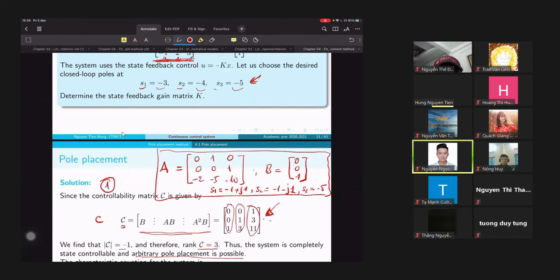So this is s cubed plus 10 s squared plus 5 s plus 2.